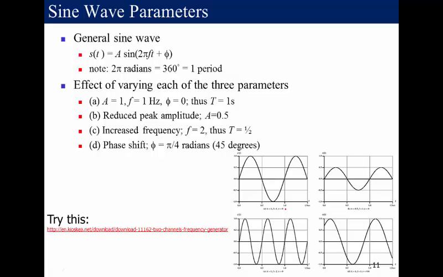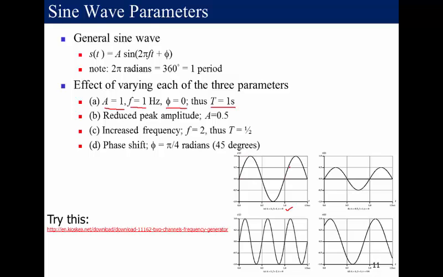This is given A. So amplitude 1, frequency 1, phase 0, which means there is no shift. Therefore, period is still 1. That is this.